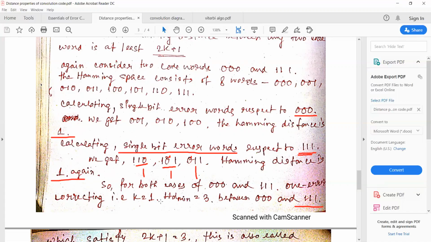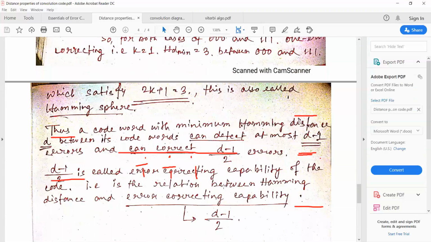That means k equals 1, and the Hamming distance of 000 and 111 is 3. So this satisfies the condition of the error correcting code, that is, 2k plus 1 equals 3, when k equals 1 and the Hamming distance equals 3.